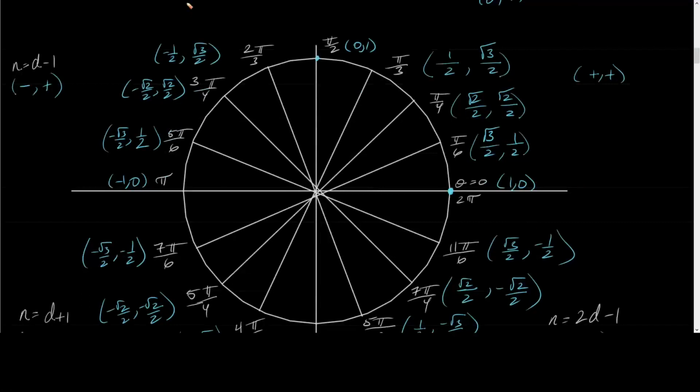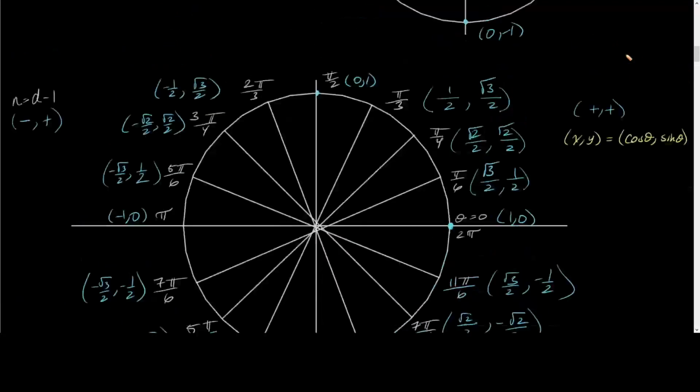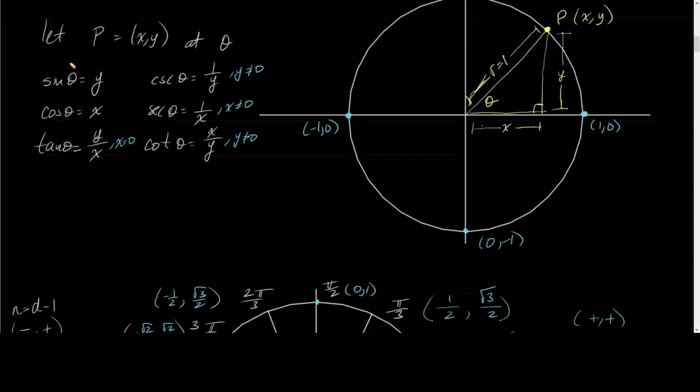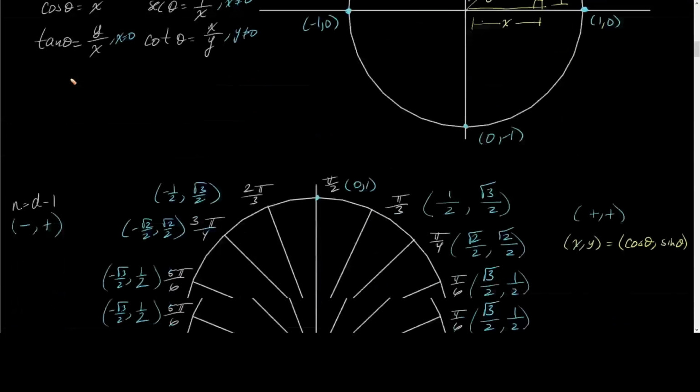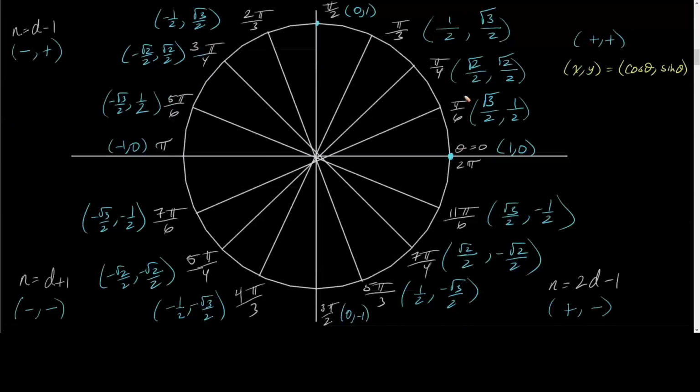So we have to keep in mind here that each of these coordinates, because they're in the form of x comma y, they're really in the form of cosine theta comma sine theta. And again, that's from this over here. So always think of them this way. And what does that mean?